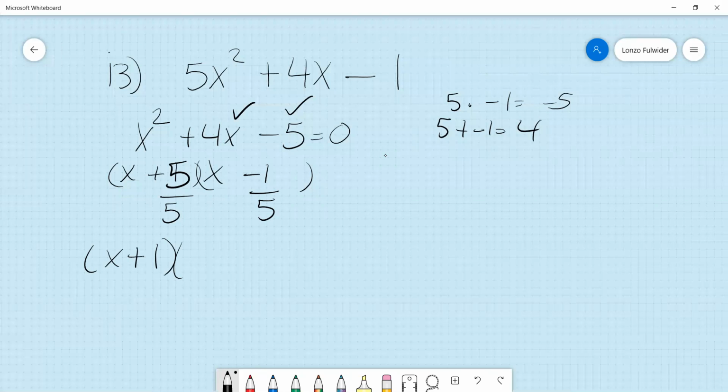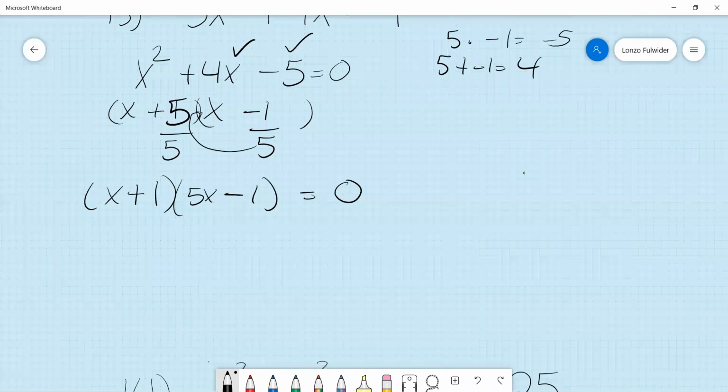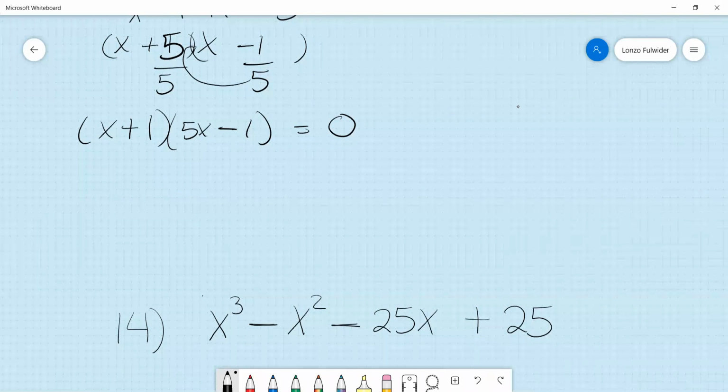Now this one doesn't reduce, so you're going to do the bottoms up. You're going to bring the 5 in front of the x. So that's going to be 5x, and then you're left with the numerator, which is just -1, equals 0. So now the next step is actually solving for x. You could break it into 2 parts, 2 equations, and then solve for x. x equals -1.